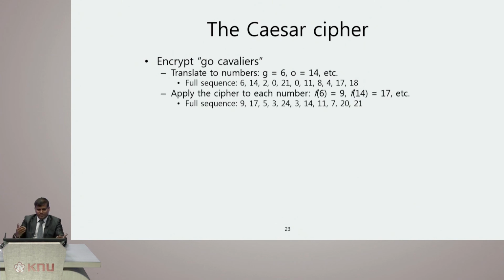So now you are applying this cipher, which is you are adding 3. So 6 becomes 9, 14 becomes 17, and so on. You just add 3 to it. So what happens? You are adding 3 and everything is increasing by 3.